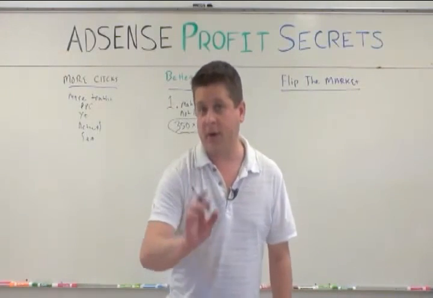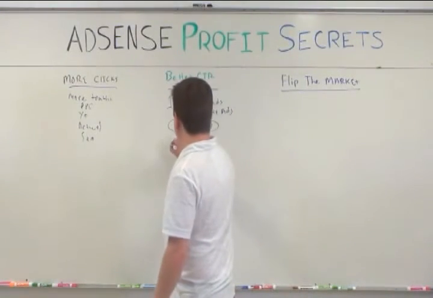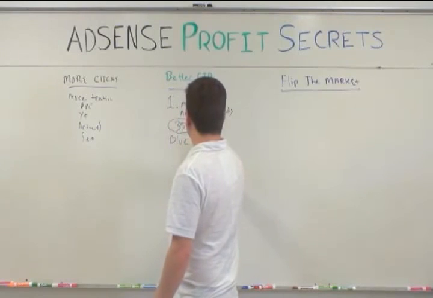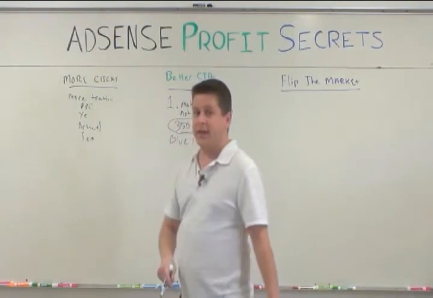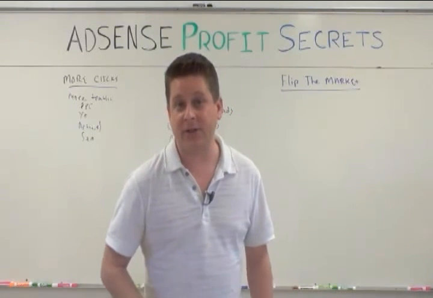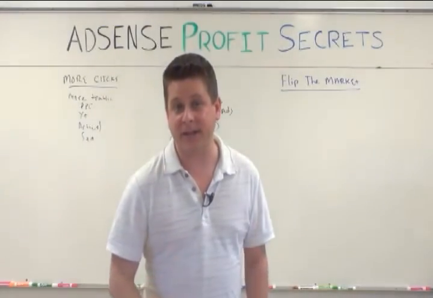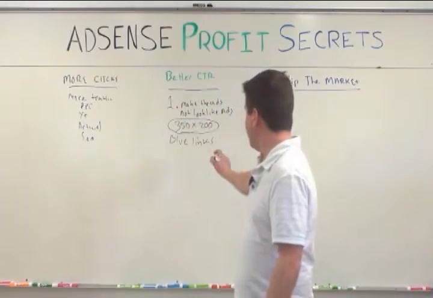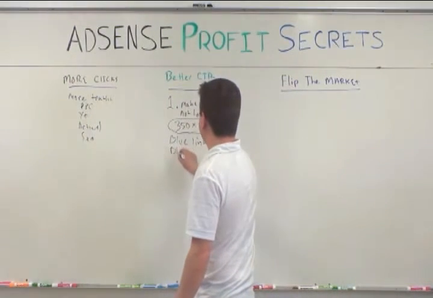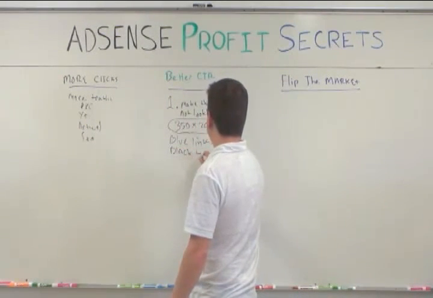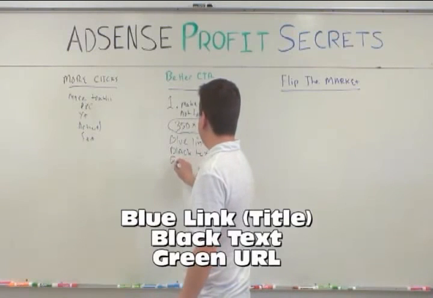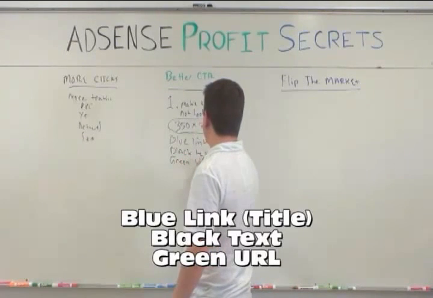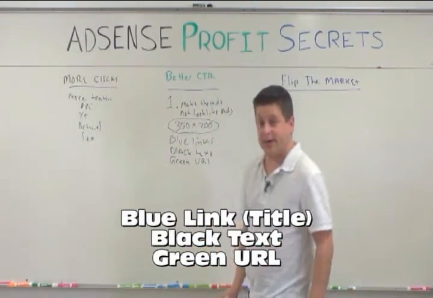Use that one. Okay, next tip, blue links. I know it's 2012 and things have changed, but people are still accustomed to clicking on blue links. Whenever you see a blue link, you hover over it, you click on it, right? So blue links, black text, green URL, and guess what?